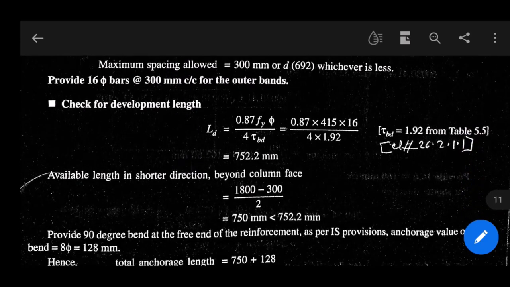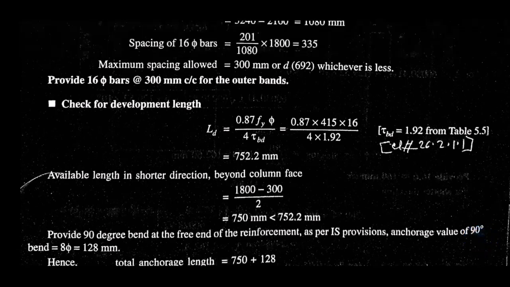So development length we have to check from clause number 26.2.1.1 of IS 456 2000. LD is equal to 0.87 Fy into dia by 4 tau BD, is equal to 0.87 into 415 into 16 by 4 into 1.92, that is equal to 752.2 mm.